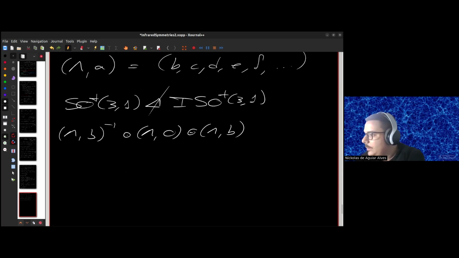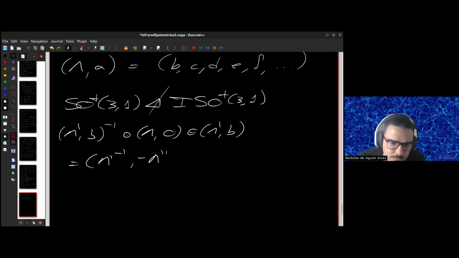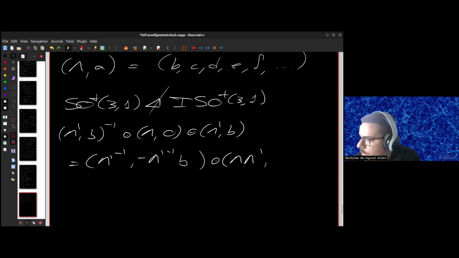I should add lines somewhere here. Okay. So I add a line here, now I add a line here. And this is going to be given then by lambda prime minus 1 minus lambda prime, minus 1 d times this composition here, which is going to be given by lambda prime, lambda b.